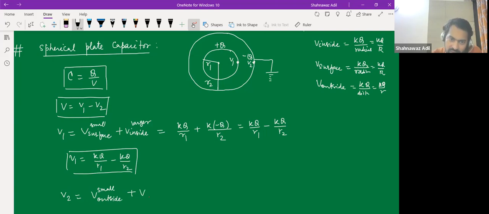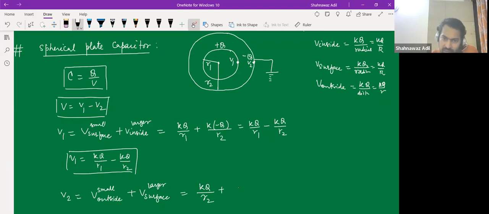Surface, right? Good. So what is V outside? KQ by R1, the distance is R2, so KQ by R2. Plus, what is this surface one?